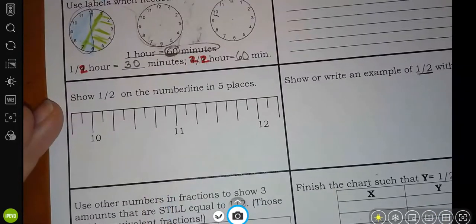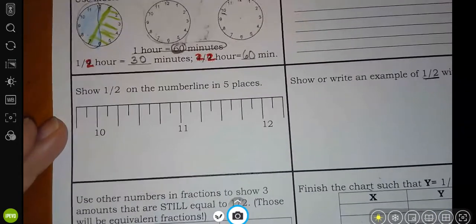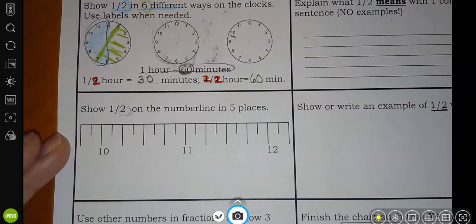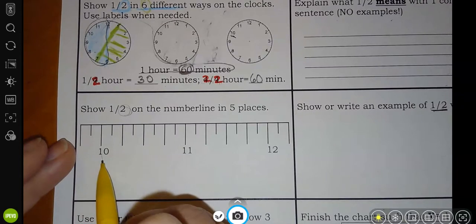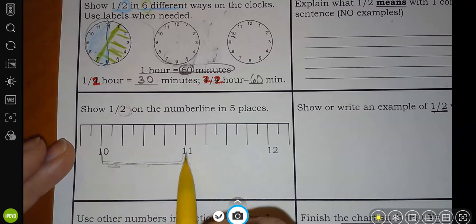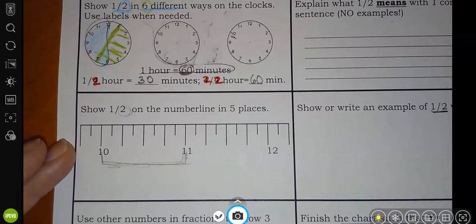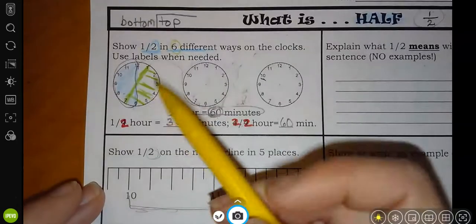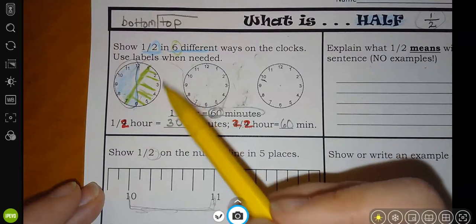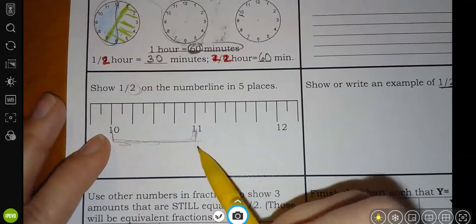1/2 on the number line in 5 places. Well, again, to get 1/2, I need to split a whole into 2 pieces. Between 10 and 11, that would be 1 whole thing, right? But it's already split into more than 2 pieces. Well, that's not a problem. So was the clock. The clock was split into 60 pieces. Here, this is like a ruler.